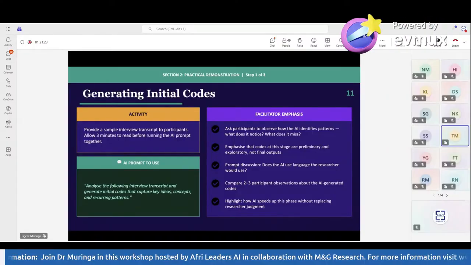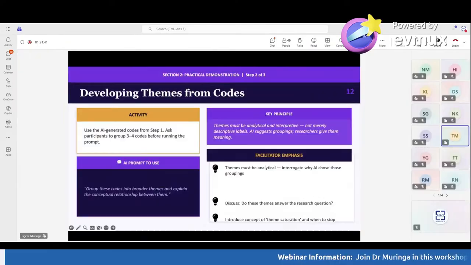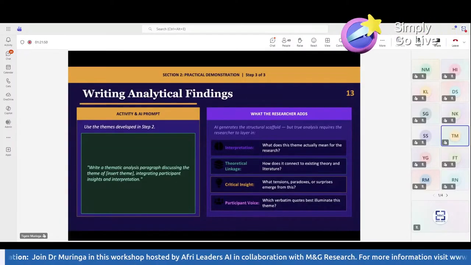So the first thing that we need to do is provide a sample. I'll provide you a sample of interview transcripts of participants and allow you a few minutes to see how to run that data and show you the different types of prompts that we'll use in that particular aspect, right? Then we'll do the theme development from codes to themes and demonstrate for you how that would pan out, right?